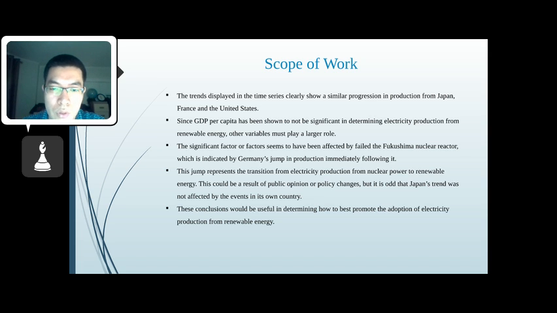We need to resort to other variables, such as the Fukushima nuclear reactor that affects not only Japan but also Germany, the anomalies in Germany.